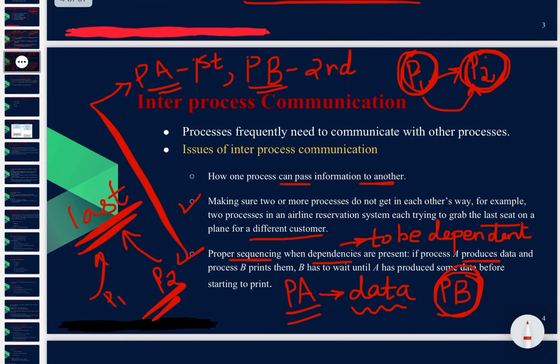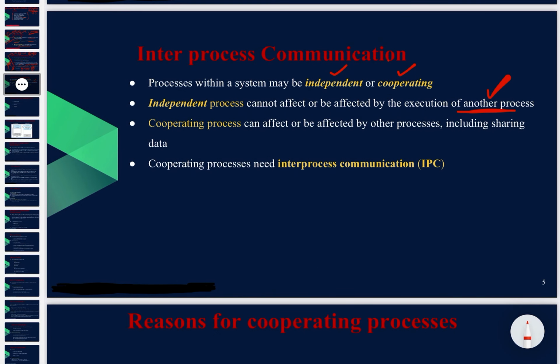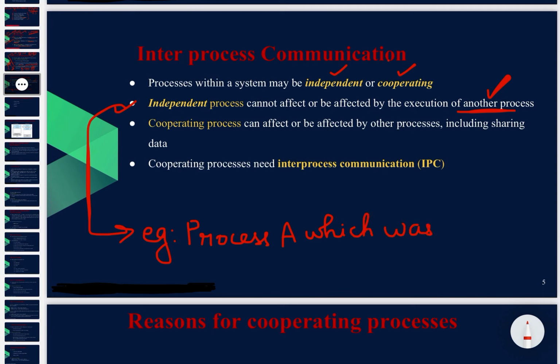But process B is dependent on process A, so process B is not an independent process. Independent processes are those that are not affected by the execution of any other process.